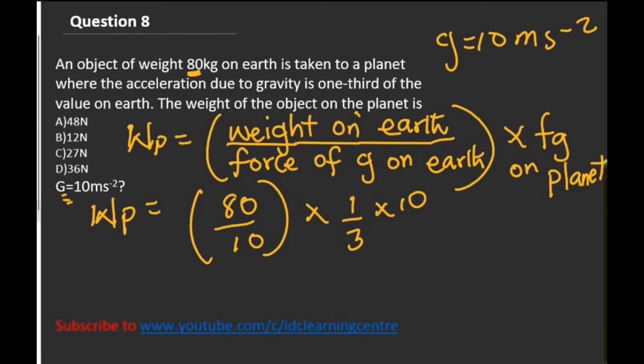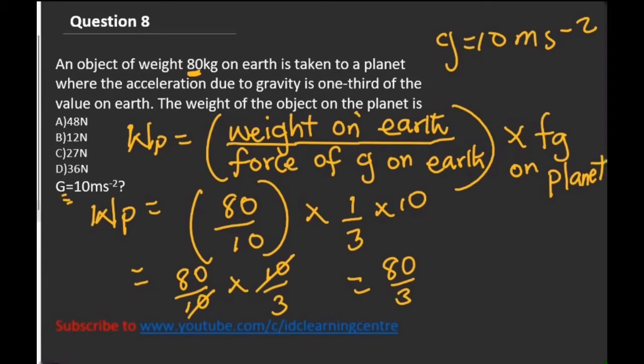So this is the same thing as 80/10 times 1 times 10 is 10, 10/3. This 10 cancels this 10. I'll be left with 80 divided by 3.